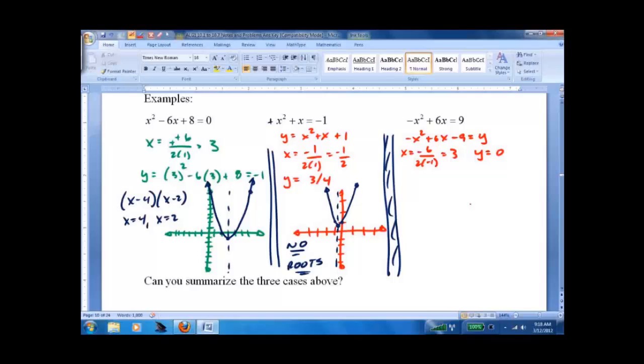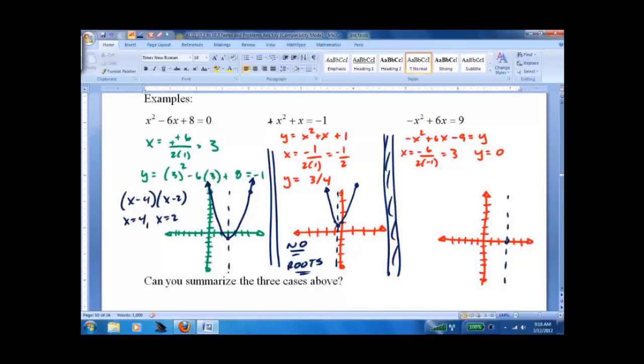This one, here we go. Axis of symmetry out here at 3.